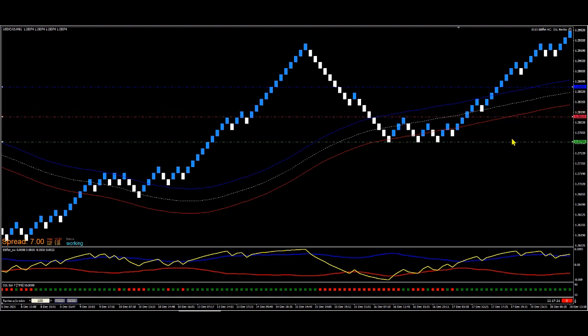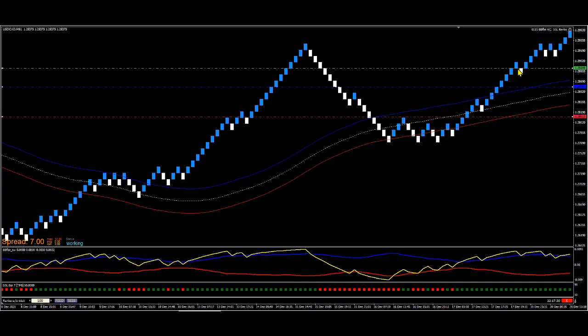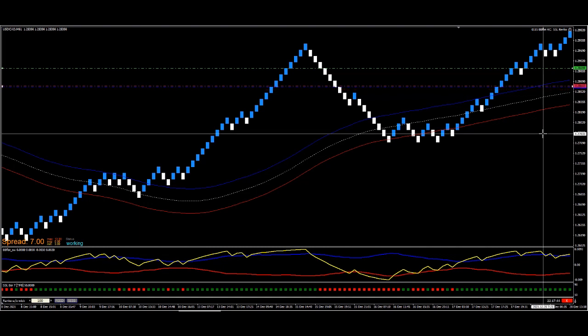So there's our stop loss, and our first take profit is 3 bricks up. 1, 2, 3. All right, so that would have been our trade. We would have gone into the trade, and as soon as we hit our first take profit, we would have moved our stop loss to break even, and then we would have started looking for our exit.